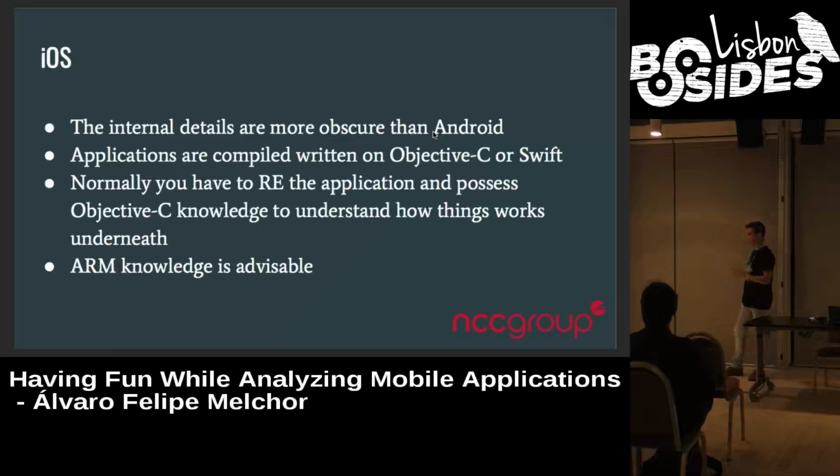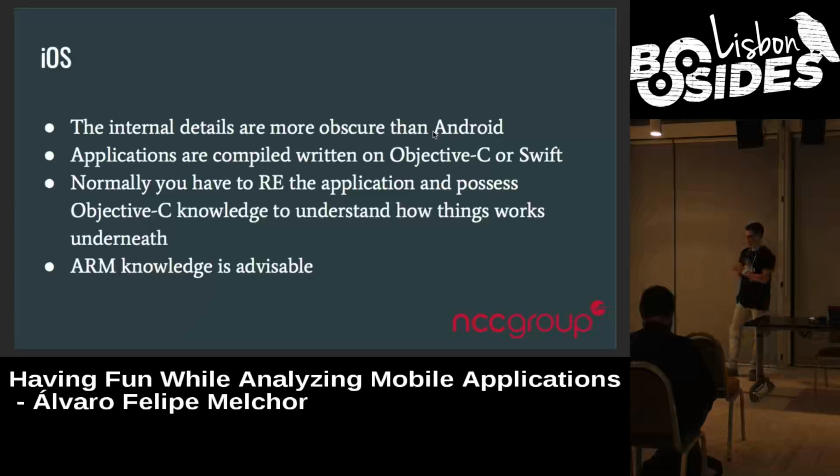And so you have to be familiar with the runtime of Objective-C, because when you are reverse engineering an application, you need to understand how things work underneath, how things get referenced, and it might be trickier if you are not familiar with Objective-C at first, okay?